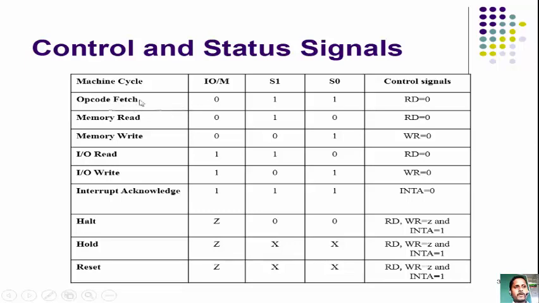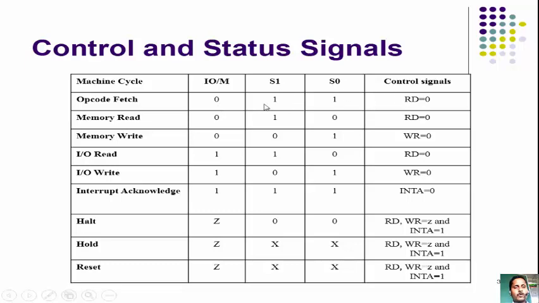During this particular cycle, on the pins IO/M bar, S1 and S0, you will find the status: IO/M bar is 0. Zero means active low signal, and here the IO/M bar pin is 0, which means the processor is doing a memory related operation.